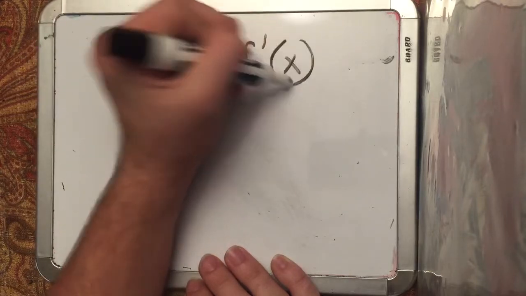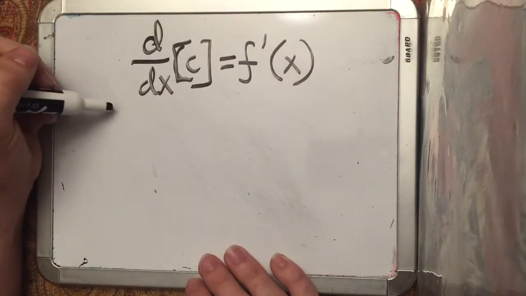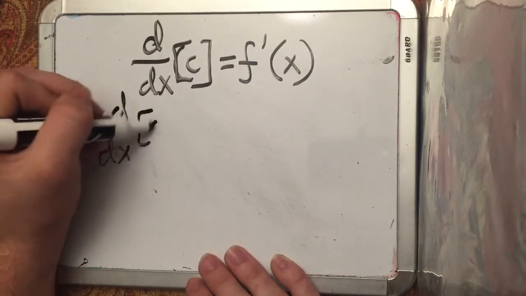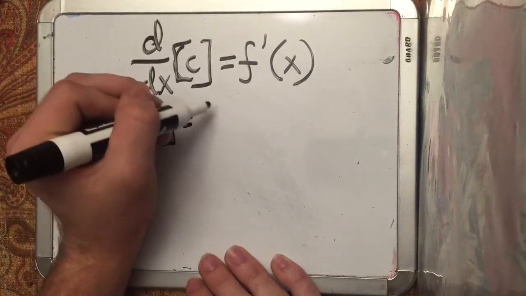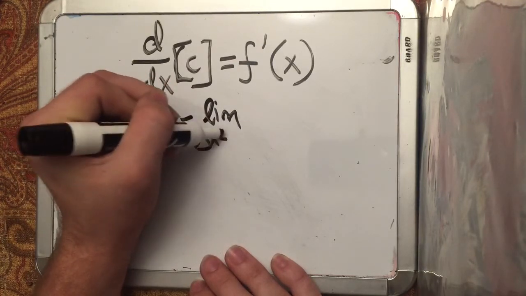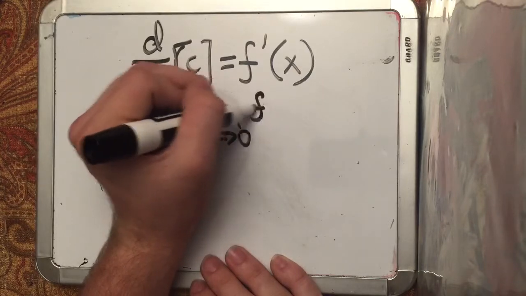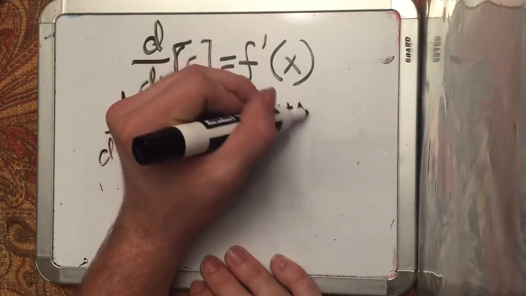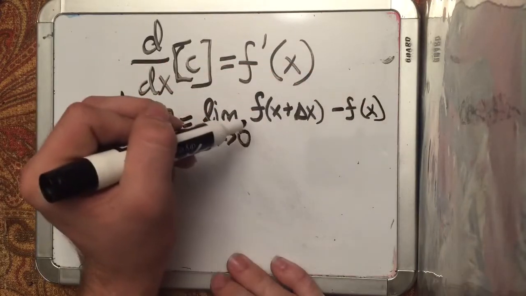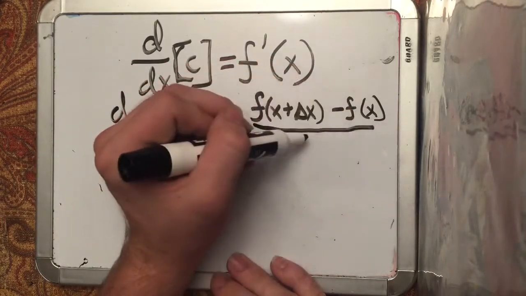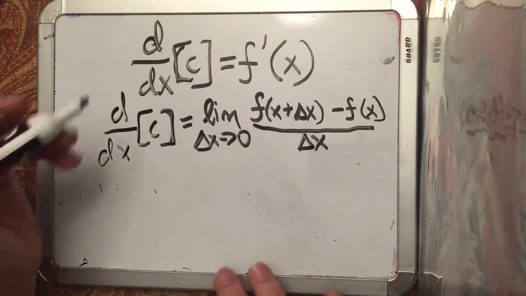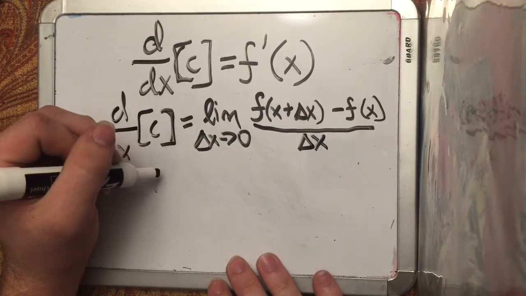So if you use the definition of a derivative, make this equal to f prime of x, and we also know that f prime of x is equal to the limit as change in x goes to 0 of f of x plus change in x minus f of x, all over the change in x. Let's simplify this by substituting in c.